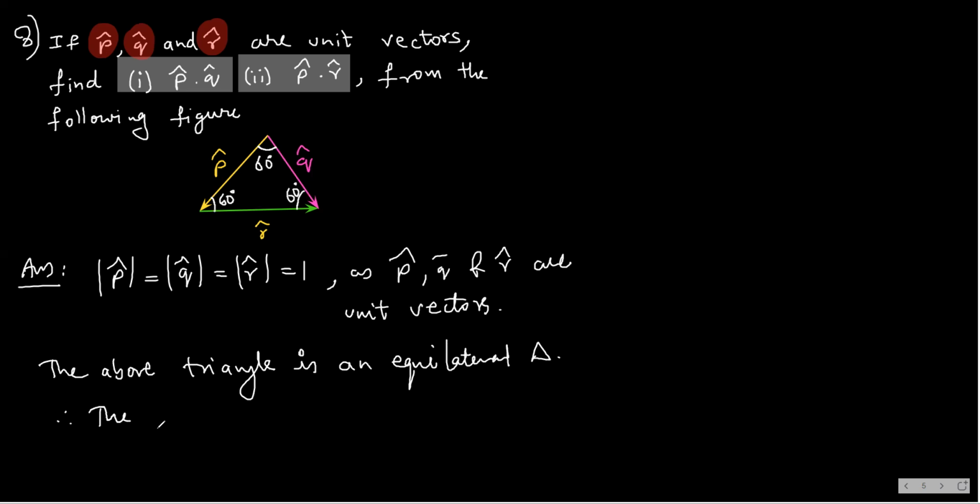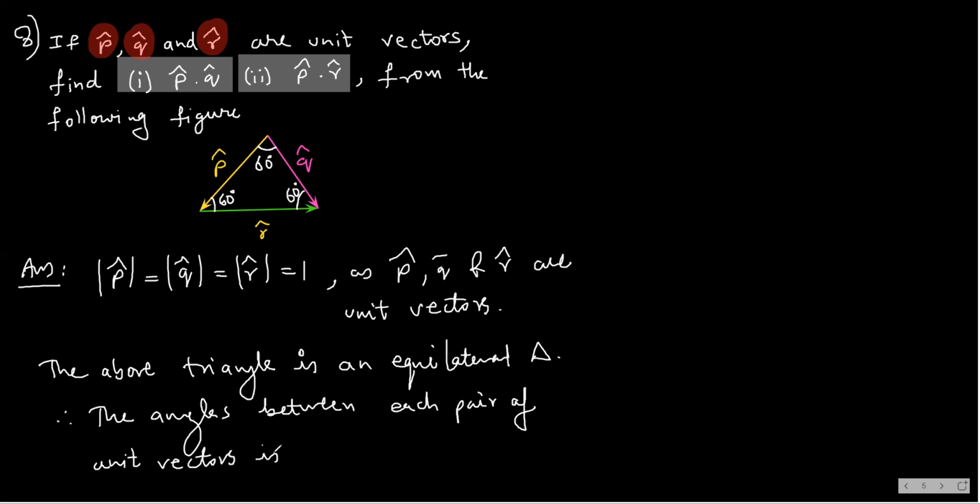Therefore, the angles between each pair of unit vectors is 60 degrees.